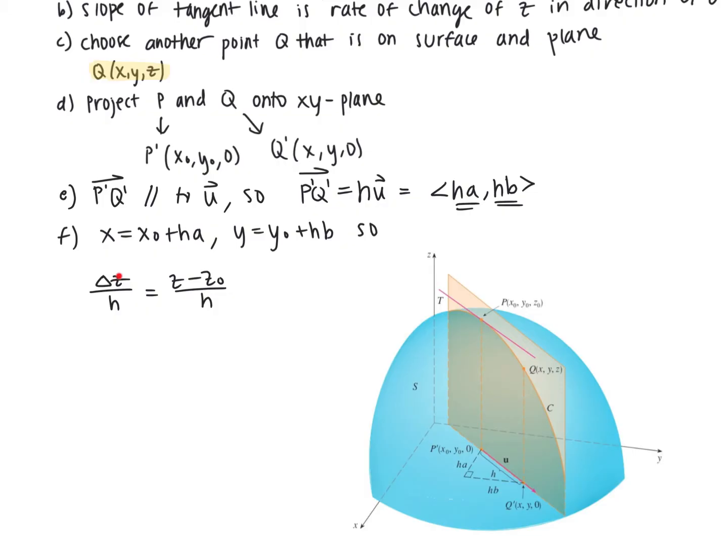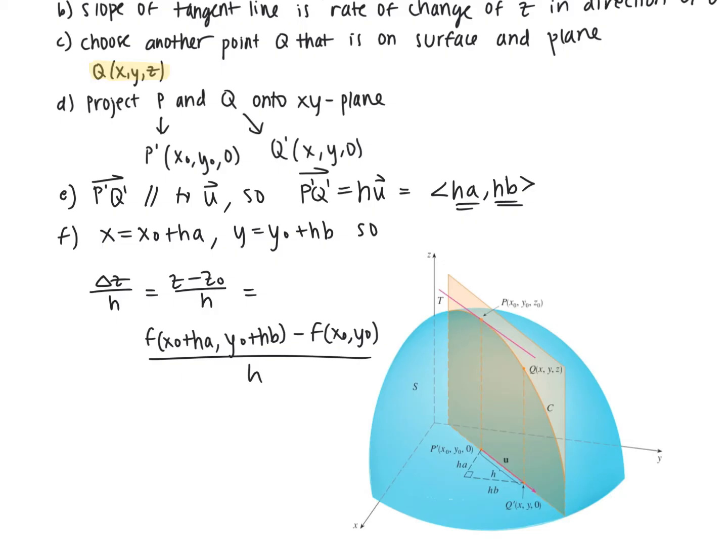So remember, this is the actual change in z for some unit of measure. So change in z for some unit of measure is going to be f of x naught plus ha, y naught plus hb, subtract f of x naught, y naught, all over h.